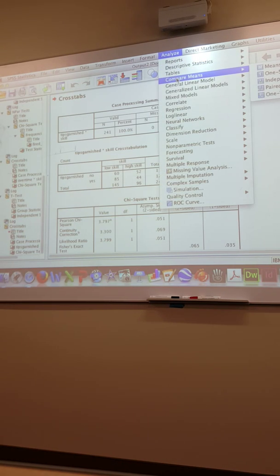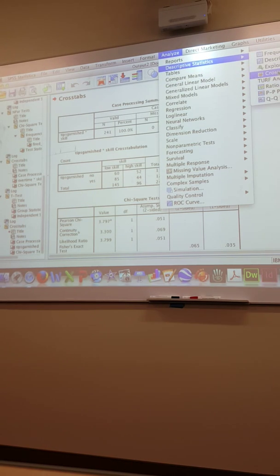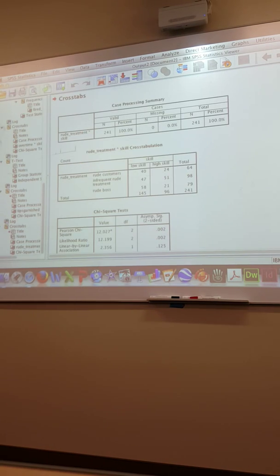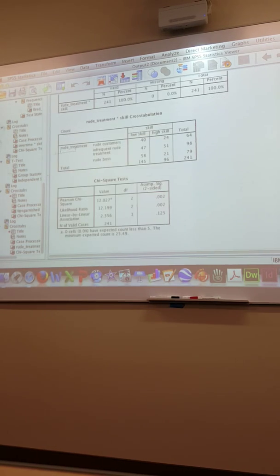Okay. What about 9? What kind of chi-square is 9? Homogeneity. Here we see that these groups are significantly different in how they're being treated, right?